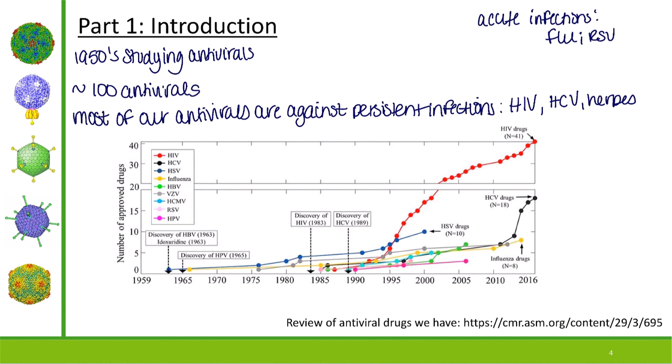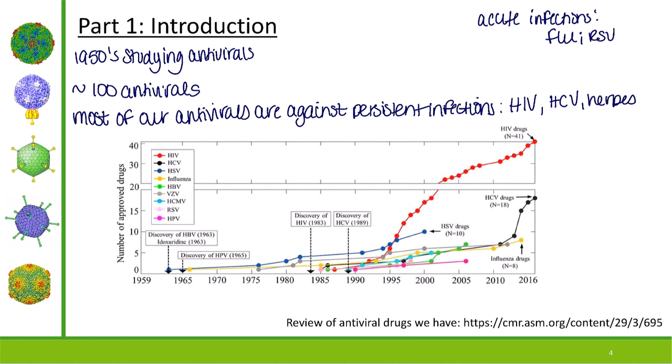So we, of course, have antivirals against those, but the majority of our antivirals are against persistent infections, and this goes back to the idea that most acute infections come on, you get a lot of viral production really fast, and they come on fast and they leave pretty quickly as well.